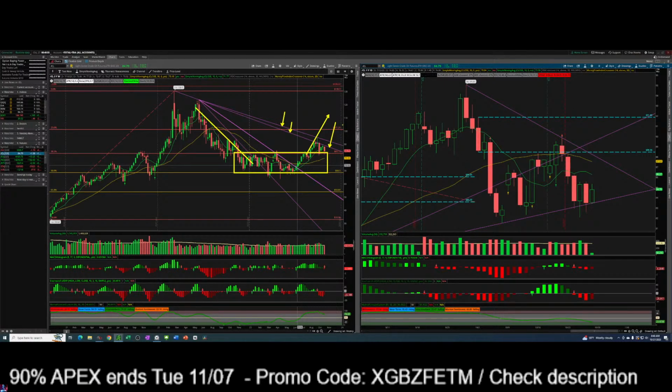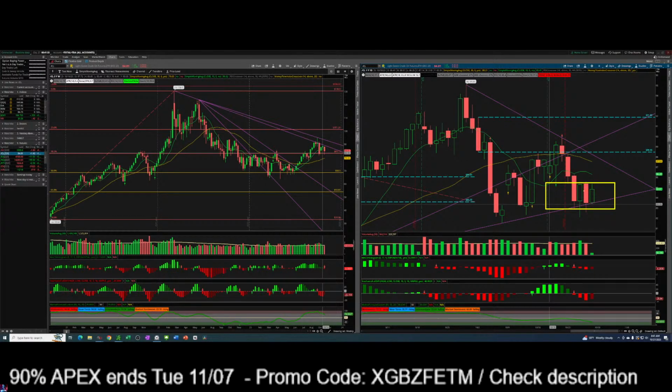So for it to move to the upside, I would say it needs to prove that it can go above these trend lines. Now it's bouncing below here, but in the dailies, you're at support. So it's ranging on these three or four days right here.